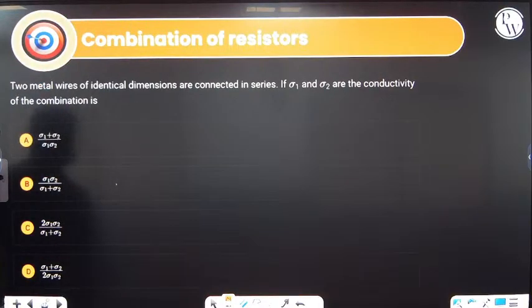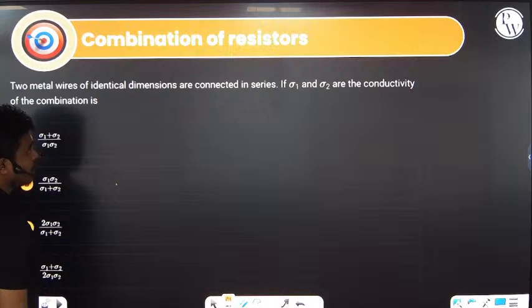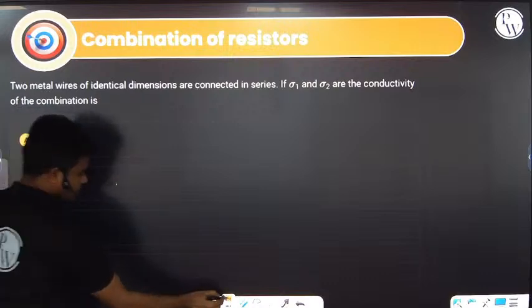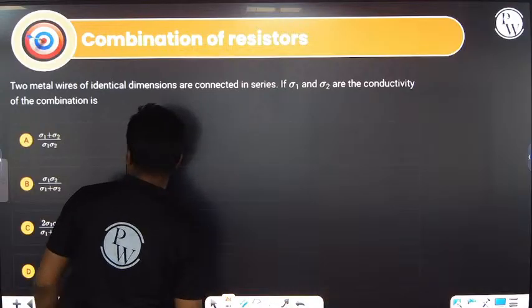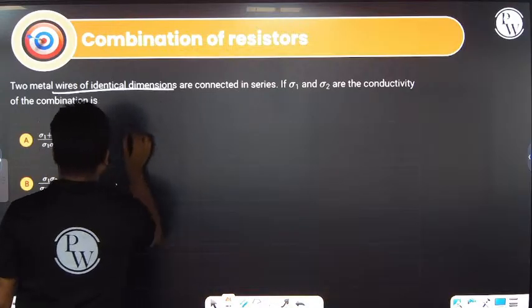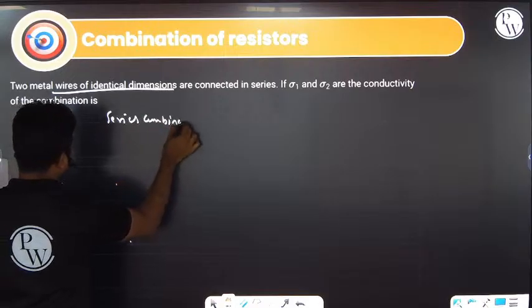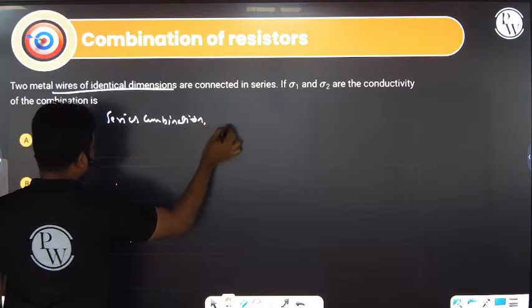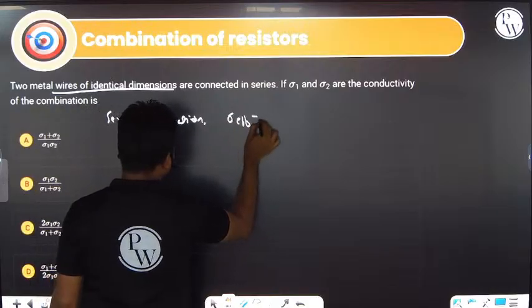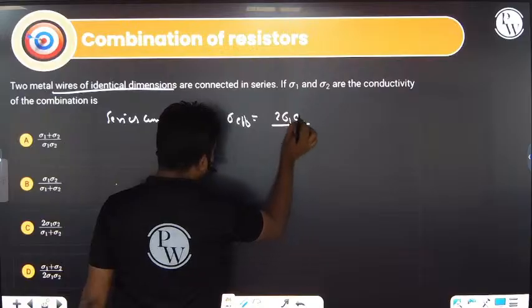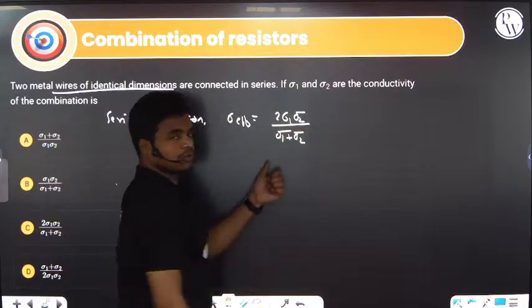Two metal wires of identical dimension are connected in series. If sigma 1 and sigma 2 are the conductivities, what is the conductivity of the combination? Here they are connected in series combination, so you can note down this series combination directly. The sigma effective for series combination will be 2 sigma 1 sigma 2 divided by sigma 1 plus sigma 2, if you have two different materials with conductivities sigma 1 and sigma 2.